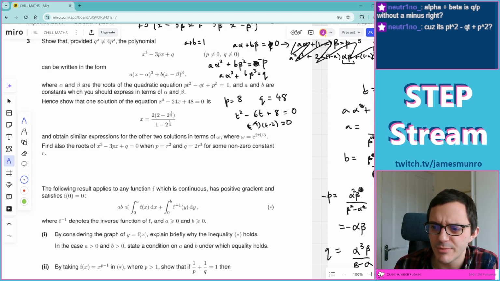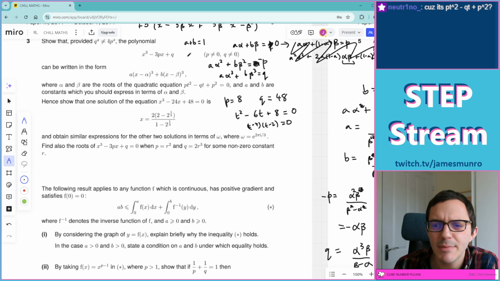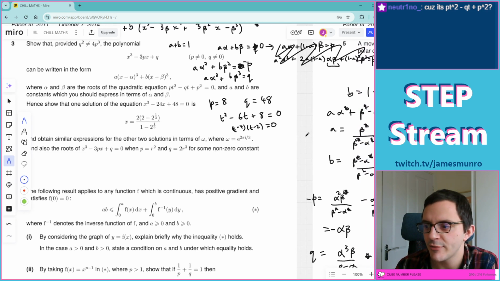So you can use the previous part to rewrite it. I think I want the values of a and b as well. I don't know how this is going to give me solutions. Maybe these terms are going to be very similar. I don't really see it. Well, let's work out a and b. So alpha and beta are 4 and 2. The difference is 2.